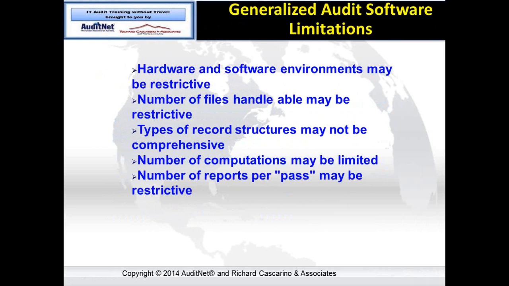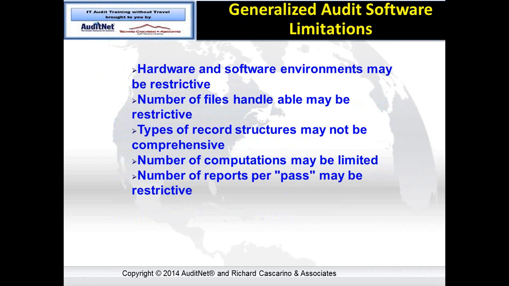Your limiting factor in many of the generalized audit software packages is the speed that you can read a whole disk. Okay, if you've got 10 million transactions or 10 million records on a file, how quickly can your machine read that disk? And it's not the speed of the machine, it's the speed of the disk access.